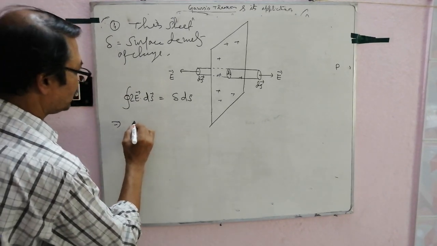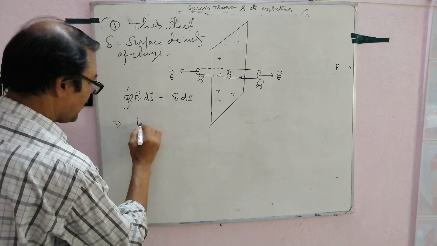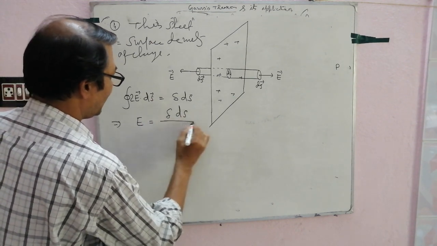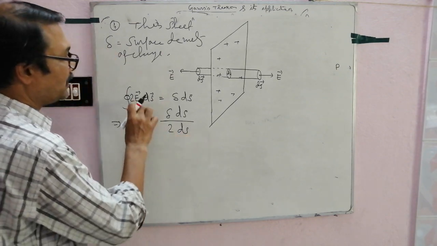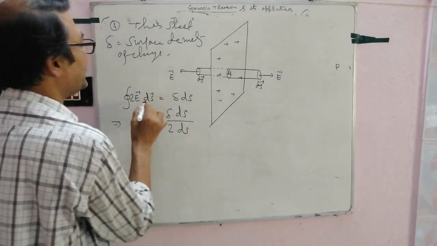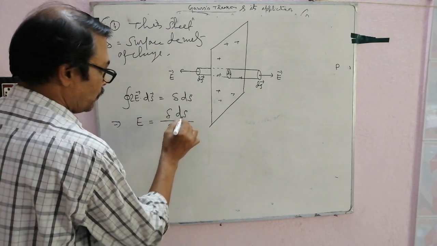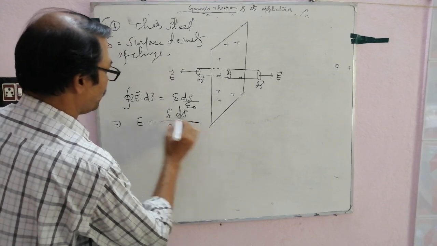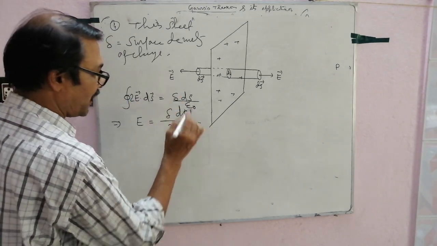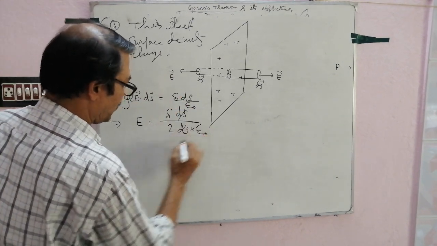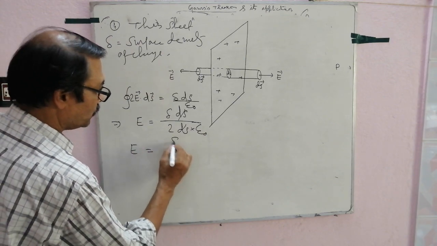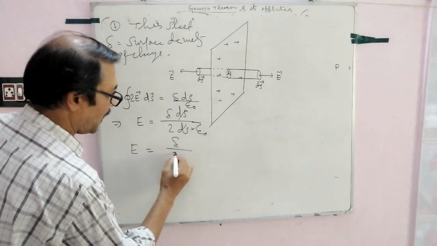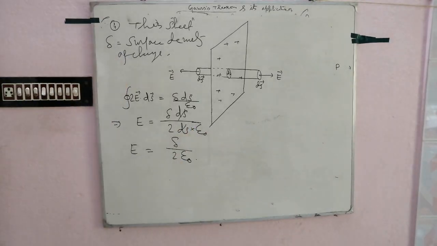Now E equal to, put the value, because E and ds are in the same direction, so E ds cos 0 degree, E ds. According to Gauss's theorem, 2 E ds equals total charge by epsilon naught. So E equal to the surface density of charge by 2 epsilon naught.